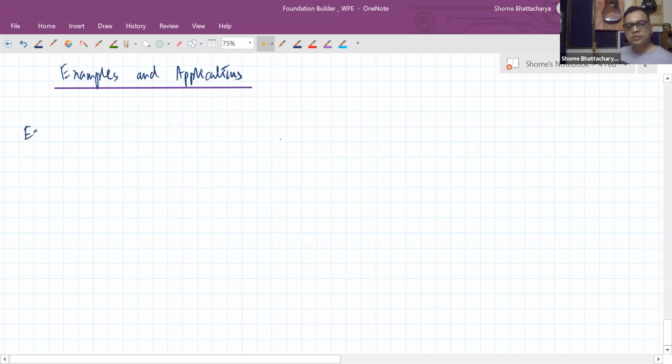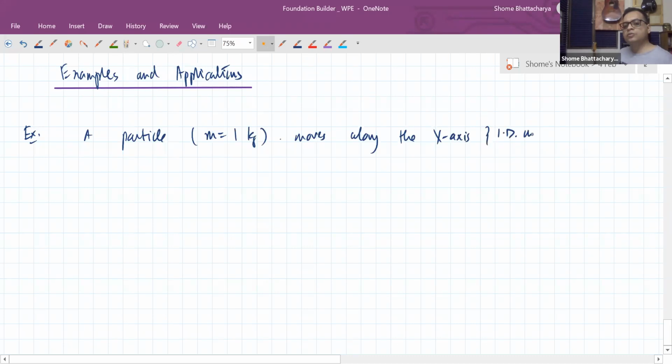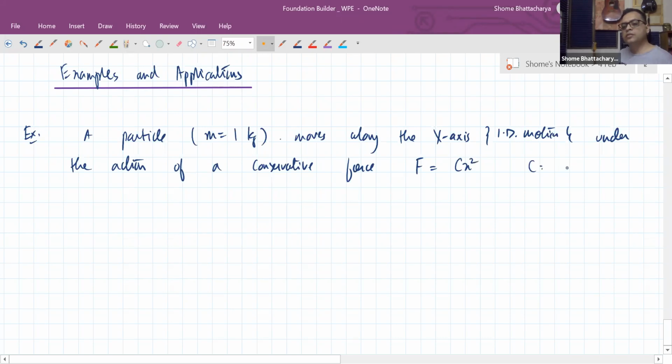So let's start with this example: a particle of mass 1 kg moves along the x-axis in 1D motion under the action of a conservative force given by F equal to Cx square, where C is a constant.